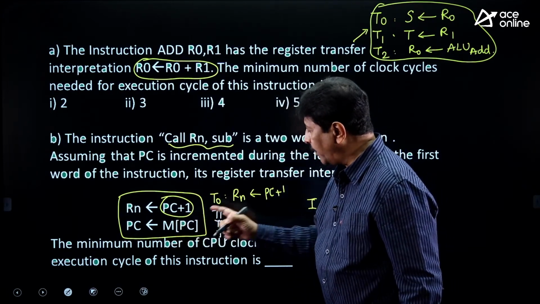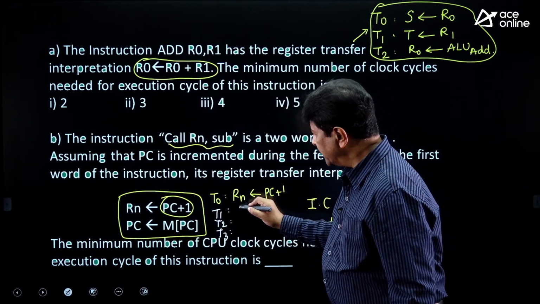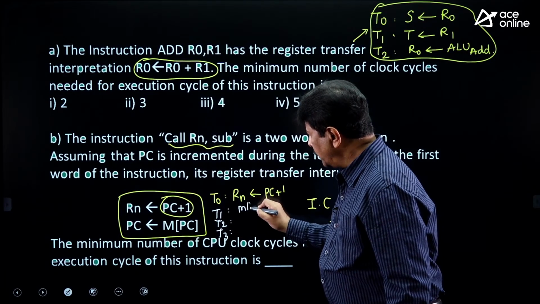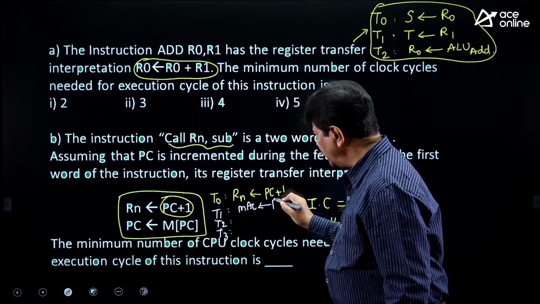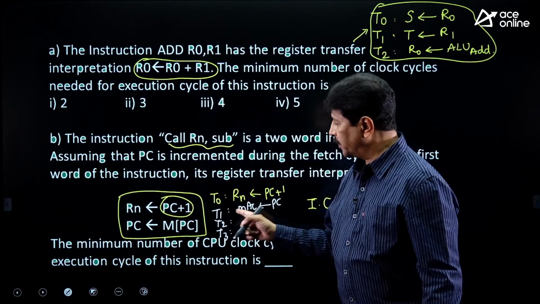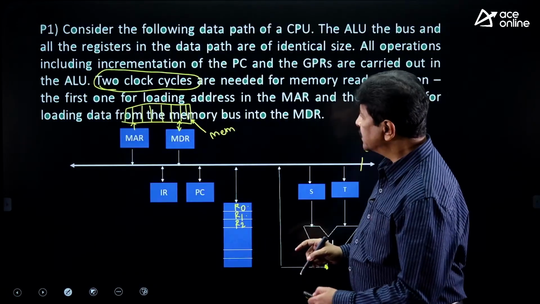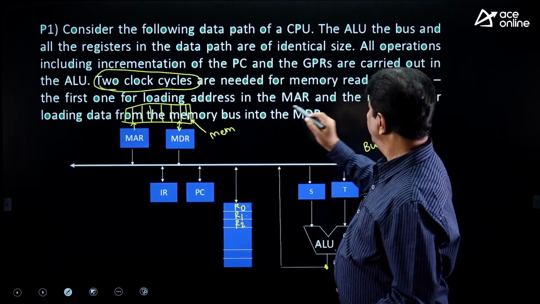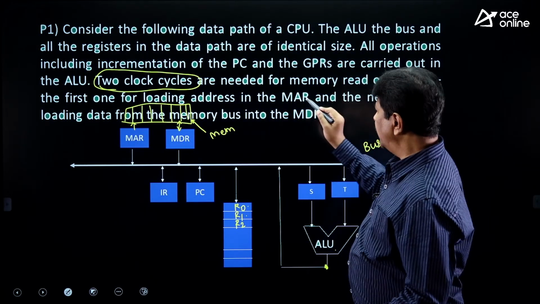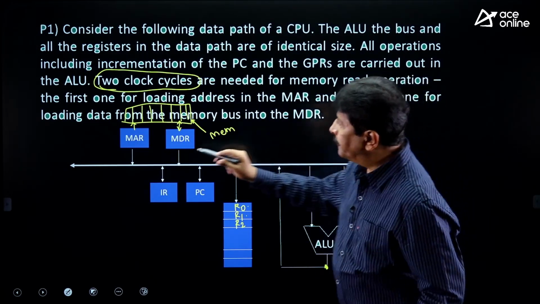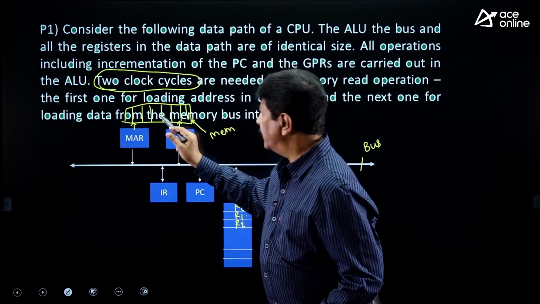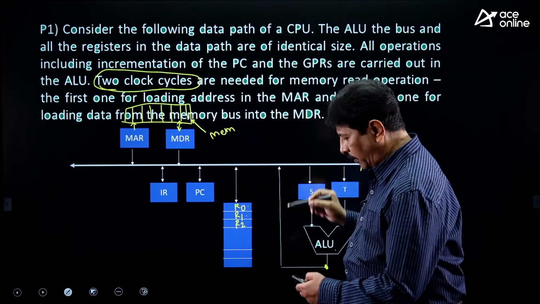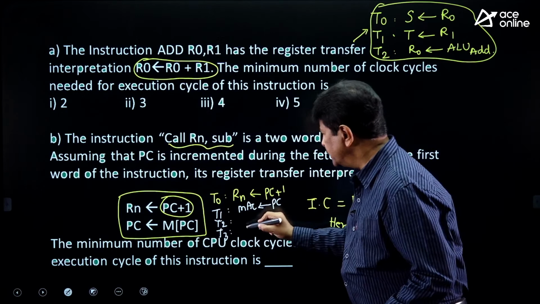For any memory read operation, it requires 2 clock cycles. First, the PC value should be written into MAR. It requires 1 clock cycle. What is the next one he has given? The first is for loading the address in the MAR, and the next is for loading the data from the memory into the MDR.